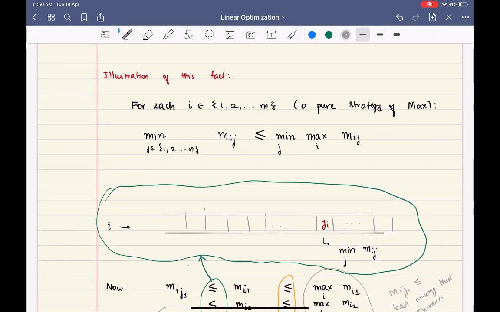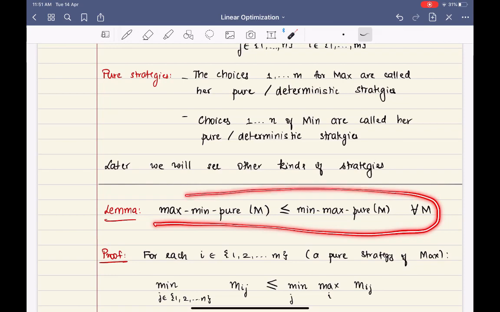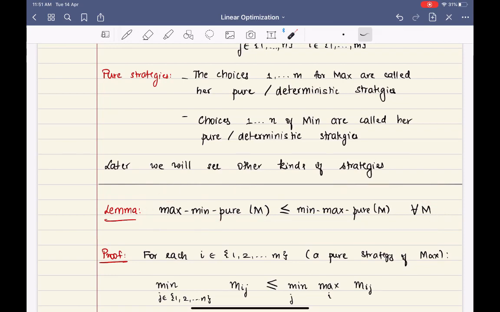And that is what we wanted to show. So for each i, this quantity, the min over j of mij, is less than or equal to min max. So this completes the proof of this lemma. For a game, max min is less than or equal to min max.